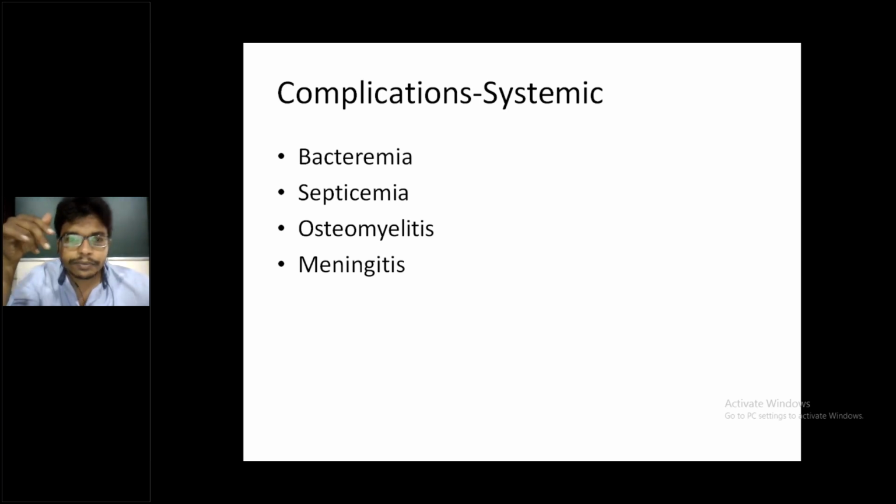Septicemia is bacteremia along with sepsis features. Sepsis is nothing but organized infection all over the body. Osteomyelitis is infection of bones, which you will come across in orthopedics. Meningitis is infection of the meninges.